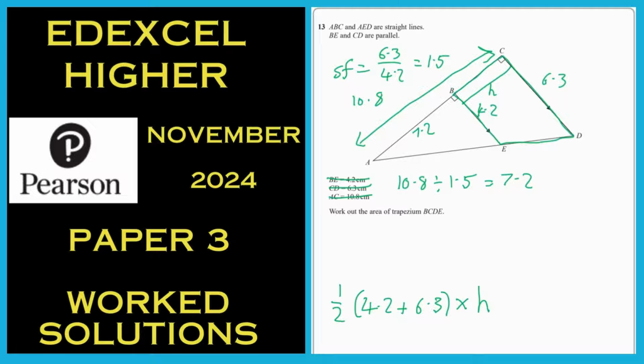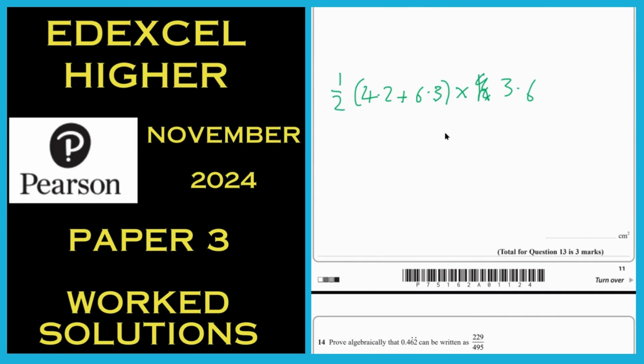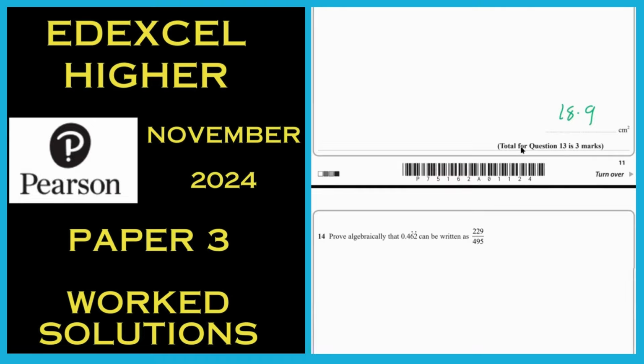In it goes. If A to B is 7.2 and A to C is 10.8, h is the difference between the two. In other words, 3.6. Onto your calc. Grab your calcs, use the brackets sensibly, and you'll get the answer of 18.9. Job's a good one.